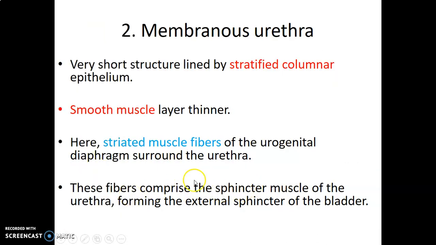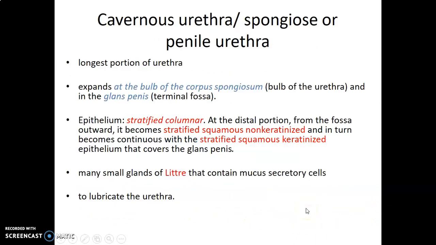So the membranous urethra is very short, lined by stratified columnar epithelium. The smooth muscle layer is thinner, and the striated muscle fiber of the urogenital diaphragm surrounds the membranous urethra, and this forms the external sphincter of the urinary bladder. It comprises the sphincter muscle of the urethra, forming the external sphincter of the urinary bladder.